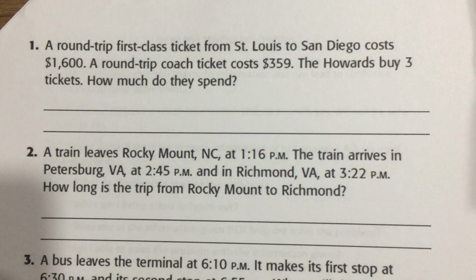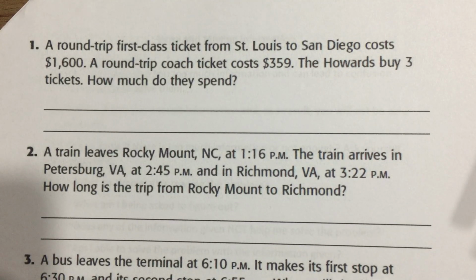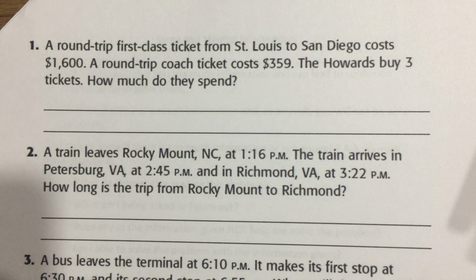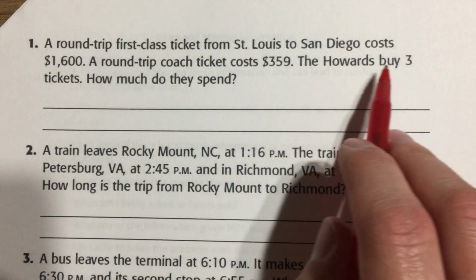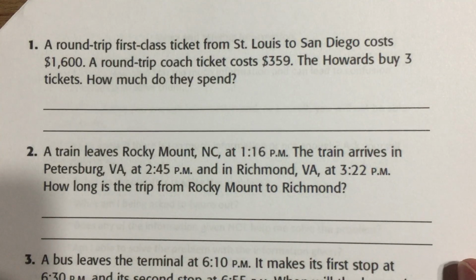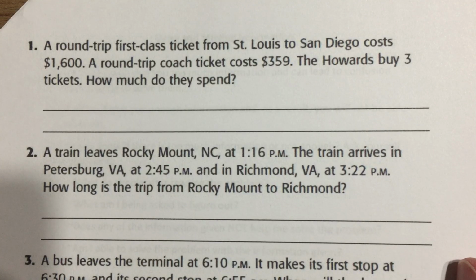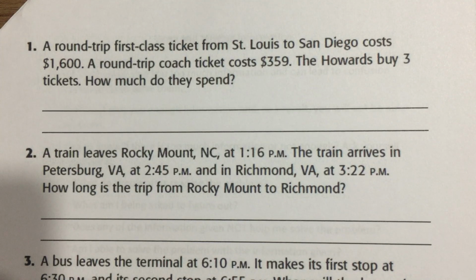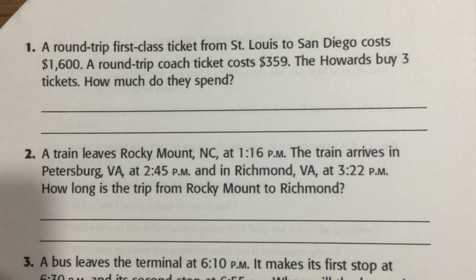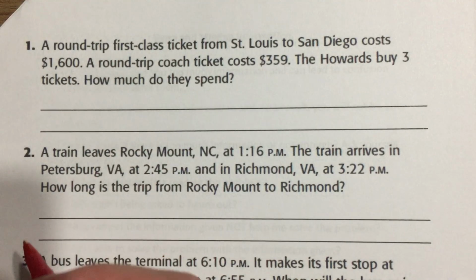So we want to figure out how much money they're spending. That's the question we're being asked. We know our information, but does it seem like maybe there's something that should be there that's not there? Like perhaps which tickets did the Howards buy? Because in order to figure out how much money they spent, we need to figure out which tickets they bought. Did they buy all 3 first-class tickets? Did they buy all 3 coach tickets? Did they buy 2 first class, 1 coach, 2 coach, 1 first class?